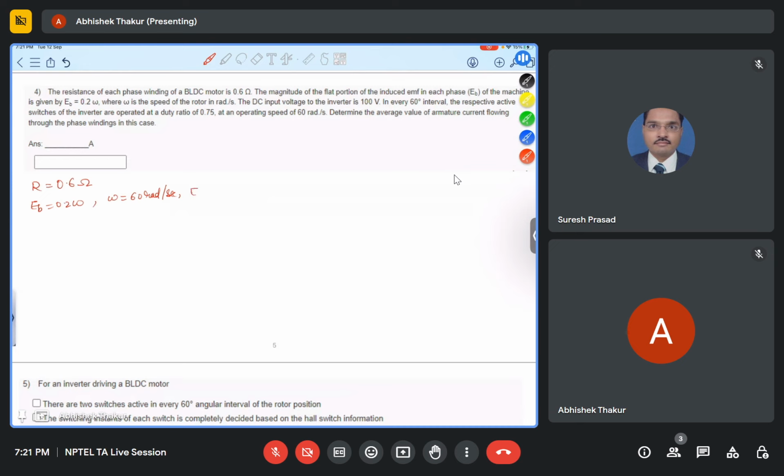So EB is equal to 0.2 into 60, that is equal to 12. The DC input voltage to the inverter is VG equal to 100 volt. In every 60-degree interval, the respective active switches of the inverter are operated at a duty ratio of 0.75. Determine the average value of armature current flowing through the phase winding in this case.